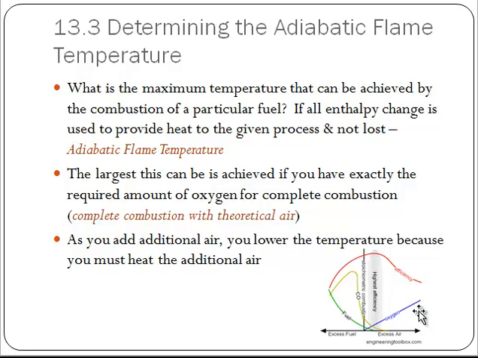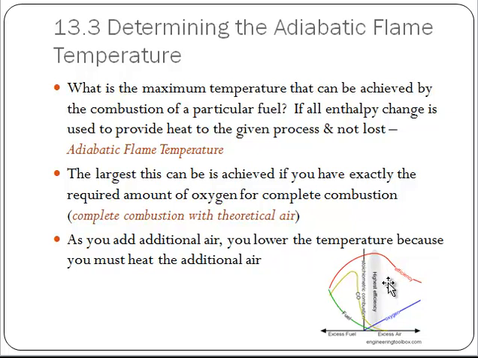Now we've already looked at this once before using this diagram here. We know that as we have less air than required or more air than required, we had changes in how much fuel was left at the end, how much carbon monoxide would be formed, how much oxygen would be left at the end, but also something about the fire efficiency, which really is about what temperature I am able to obtain for this reaction.